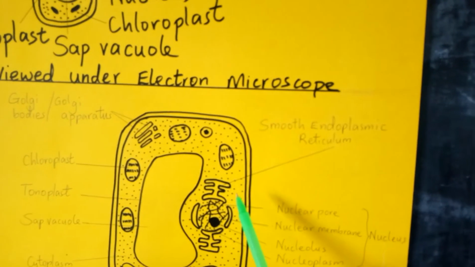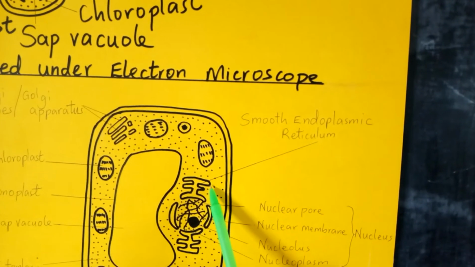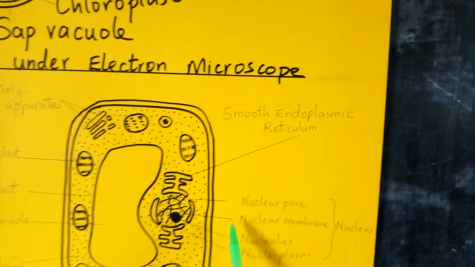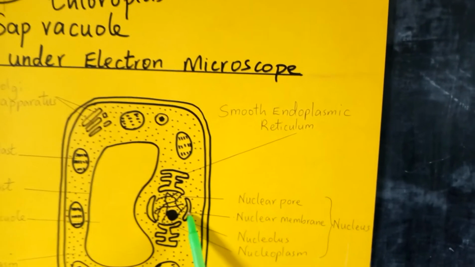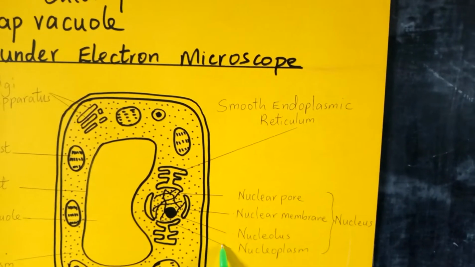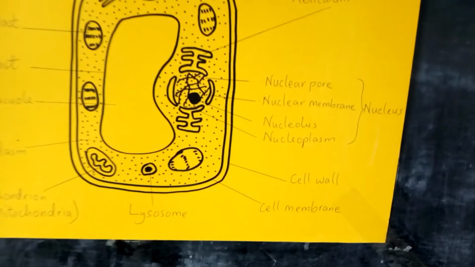Remember, it is the endoplasmic reticulum which doesn't have ribosomes on its surface. We also have the nuclear pore, the nuclear membrane, the nucleolus, and the nucleoplasm, which form the nucleus. I had explained that earlier.